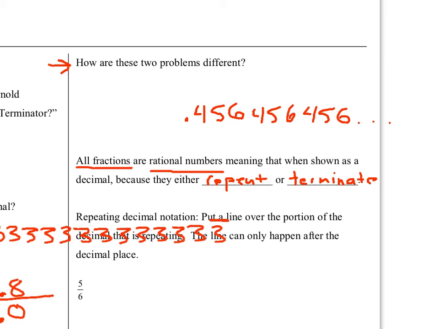I see most of you showing me yes. Yes, absolutely. And the way we would write that in decimal notation is we would take that pattern that's repeating, which is this 4, 5, 6, and we would put our repetition bar over the entire thing. Okay?